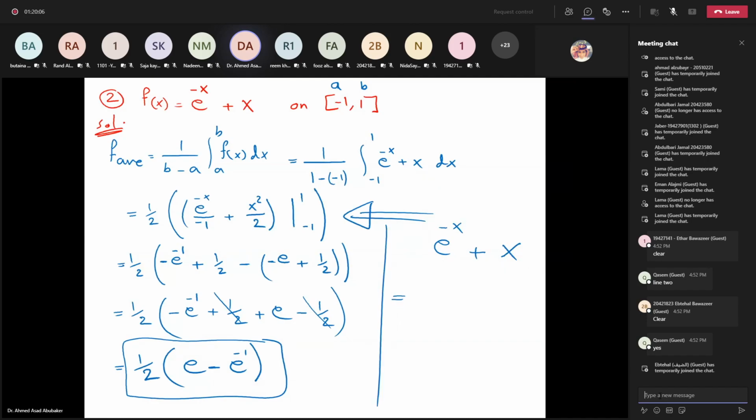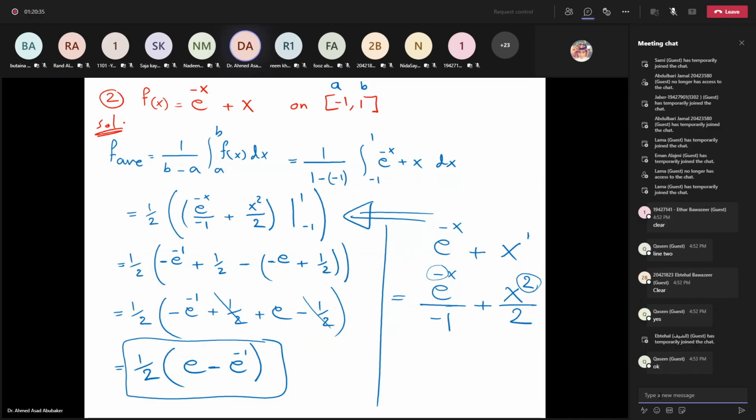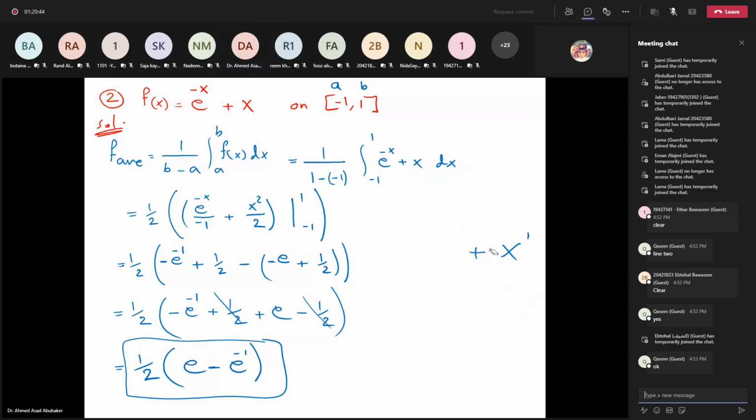This is by the rules we took yesterday. If we have e to the power ax, the integral is the same over the coefficient of x, plus, for x to the power 1, we add 1 to get 2, and divide by the new exponent 2. Any question?